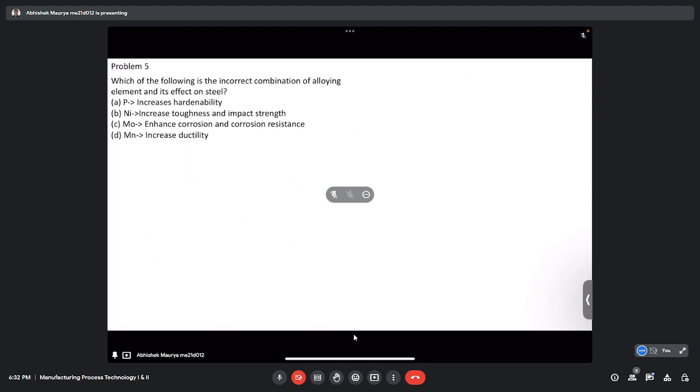Here it has been asked, which of the following is an incorrect combination of alloying element and its effect on steel. So the first one is phosphorus. Yes, it is one of the alloying elements. So what properties do we get when we add phosphorus? I will list it down. For P, phosphorus, these are the properties. It increases the hardenability of the steel.